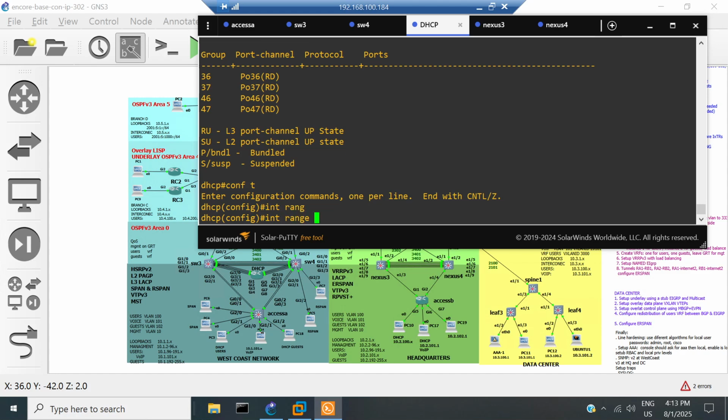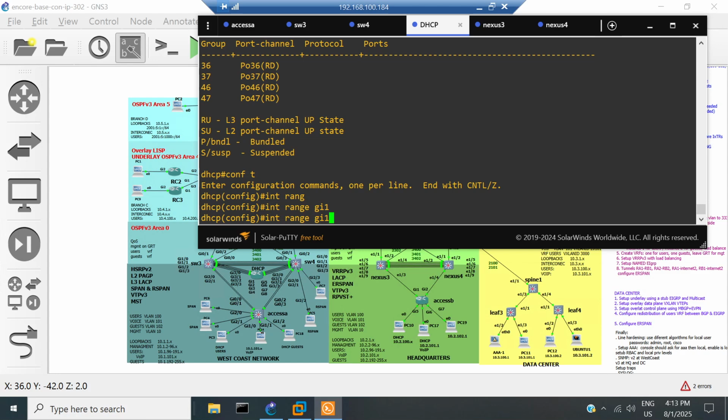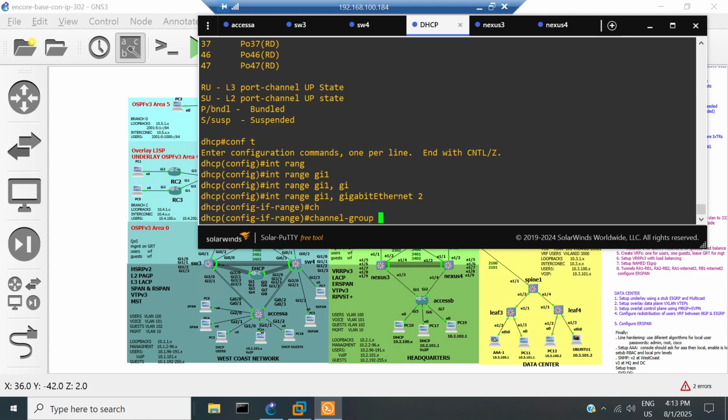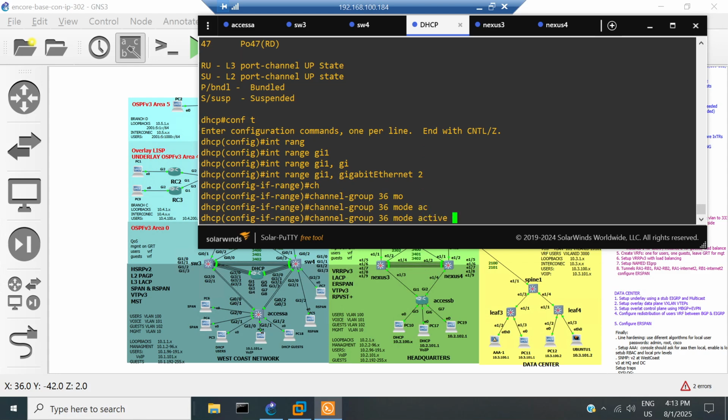Interface range gigabit 1 and gigabit 2, and channel group 36, mode active.